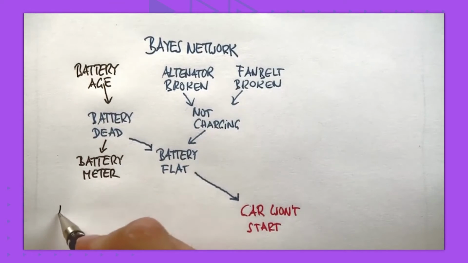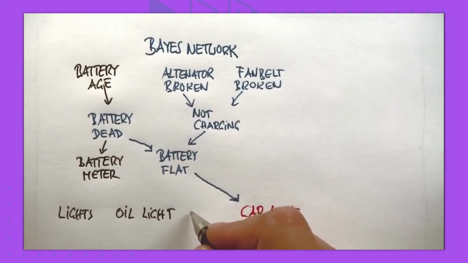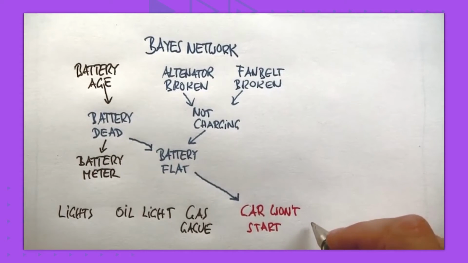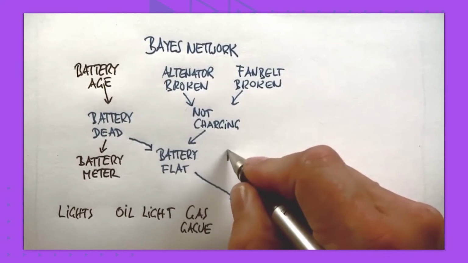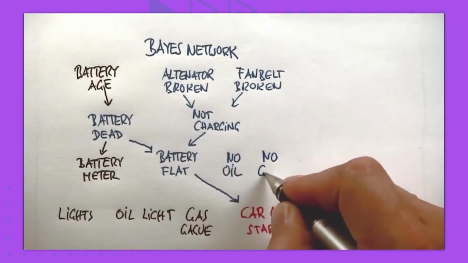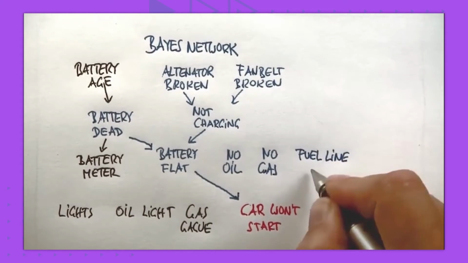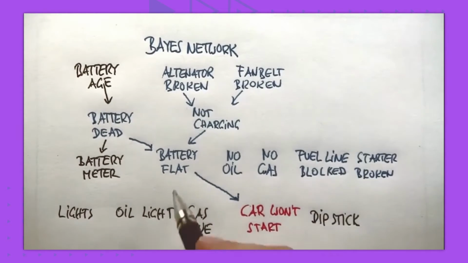You might inspect the lights, the oil light, gas gauge. You might even dip into the engine to see what the oil level is with a dipstick. And all of those relate to alternative reasons why the car might not be starting, like no oil, no gas, the fuel line might be blocked, or the starter may be broken. And all of these can influence your measurements, like the oil light or the gas gauge, in different ways.